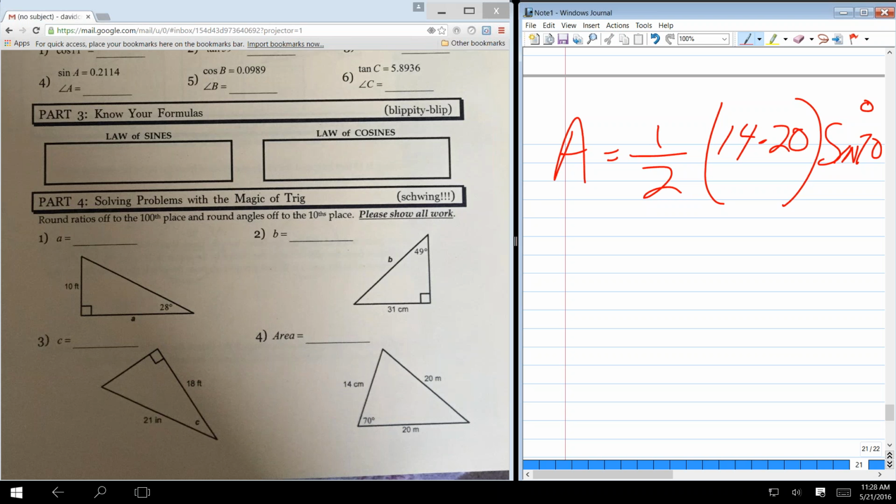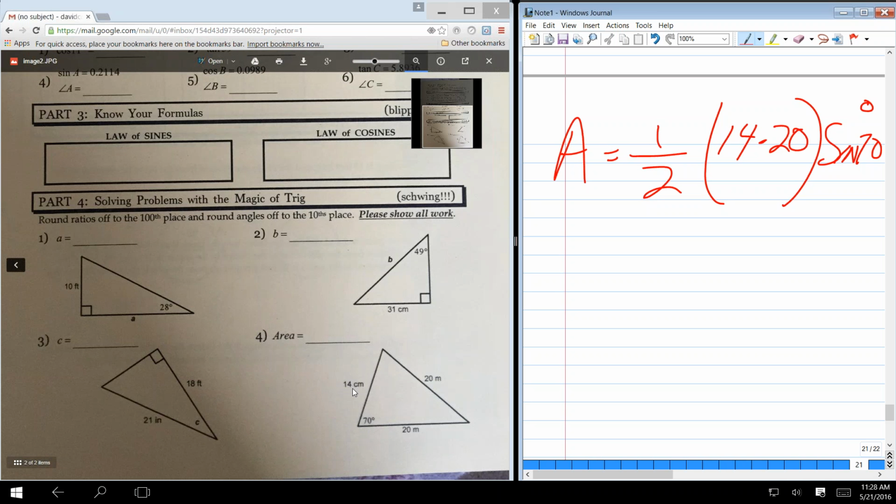Let's see. Can I figure this out? Yes, if that angle was 90 degrees, the sine of 90 degrees is 1, the base would be 20, and the height would be 14. So it is what I've put up there. It's 1/2 of the two sides that make up that angle. See how the angle of 70 degrees is made up of 14 and 20.